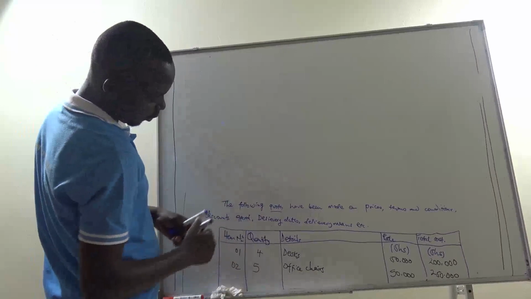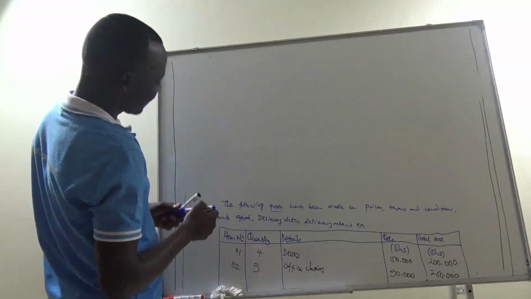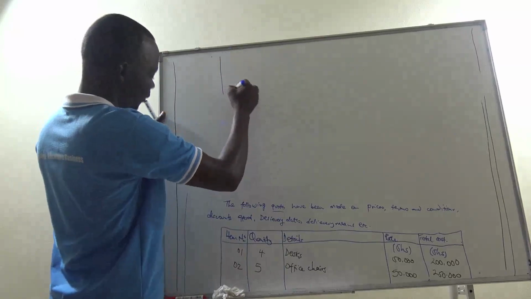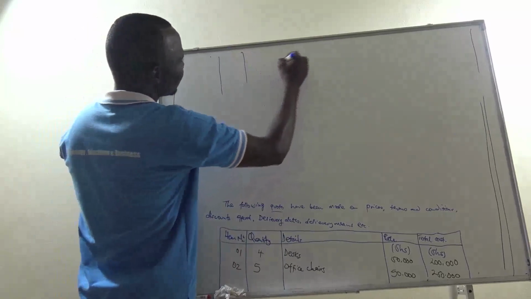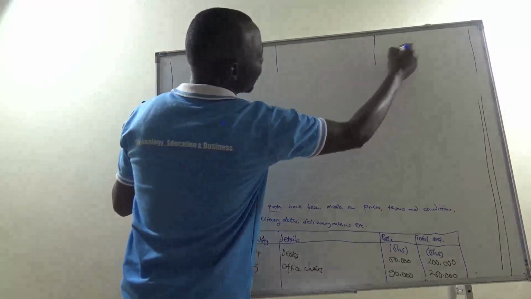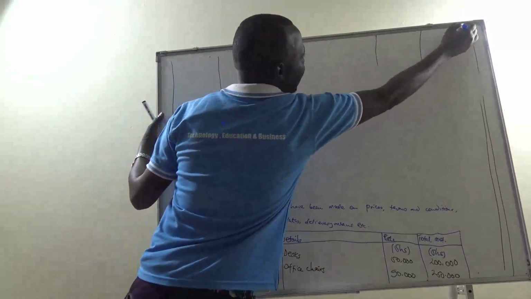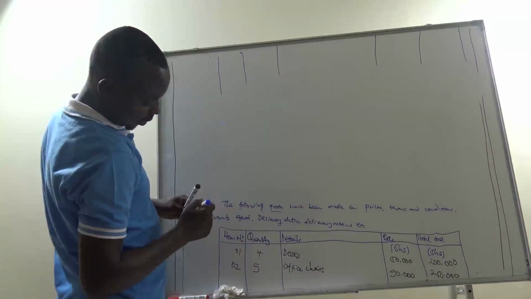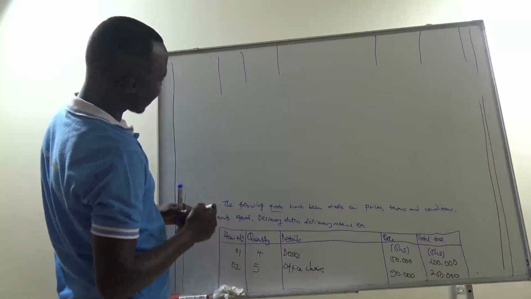We are going to have our board continuing, so our table, and then we have our item, the quantity, description, like that. So maybe I can add for you another item to make you understand more.